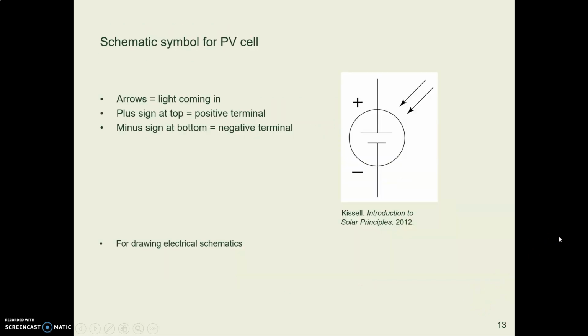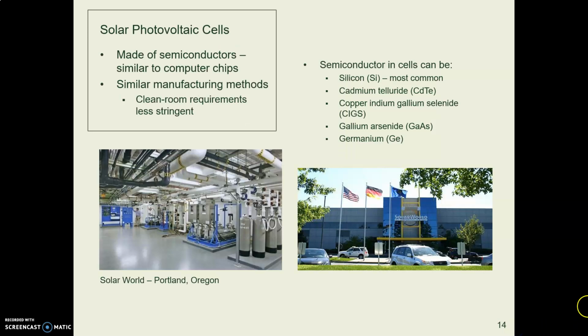If you were to make a drawing, a schematic, here's the symbol that you would use for a solar photovoltaic cell. We say PV for short because it's faster, but it stands for photovoltaic. And these photovoltaic cells are made with the same process that computer chips are made, using the same chemicals. Here's a look inside Solar World, which is no longer there.